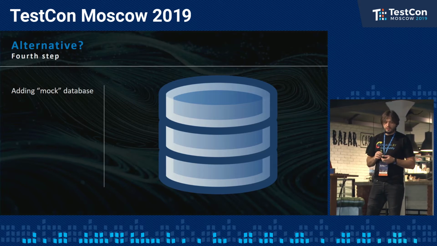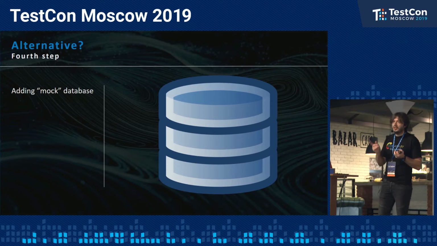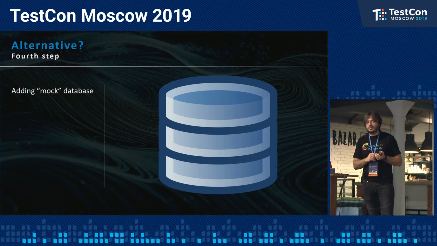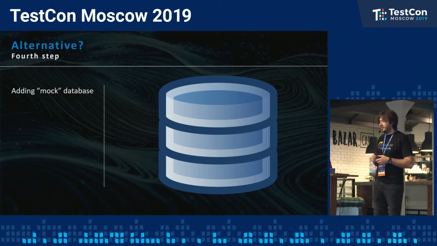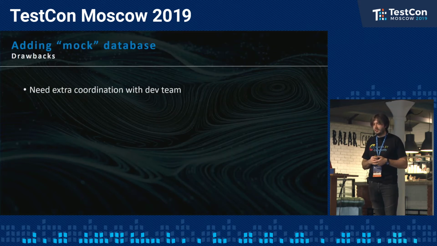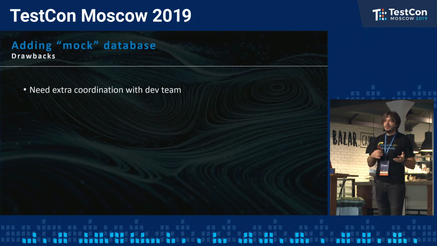In advance, we prepare a database that has all the necessary data. For each deploy, we use this database, and then we roll it back. That allows us to get rid of this problem of junk accumulation, but we still have potential problems.